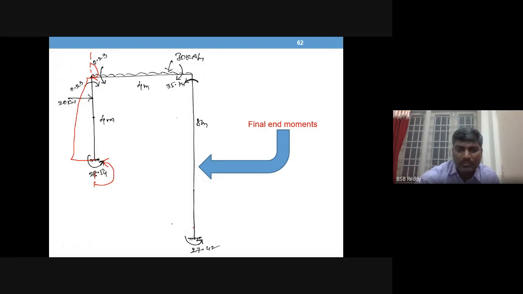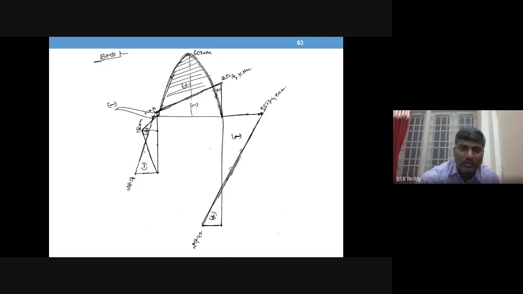Same way here. Okay. So likewise, you have to draw these diagrams. So this diagram is for support moments, the end moments that you have found. This one also.